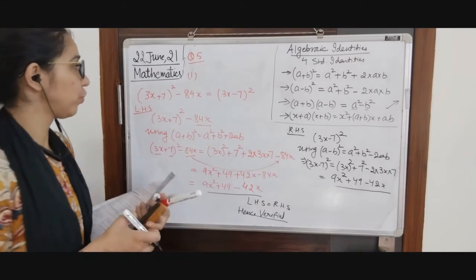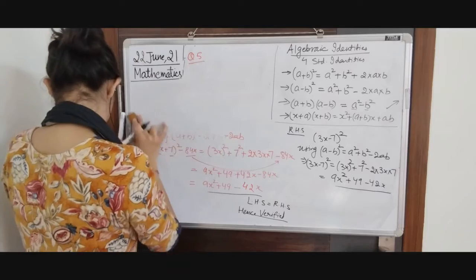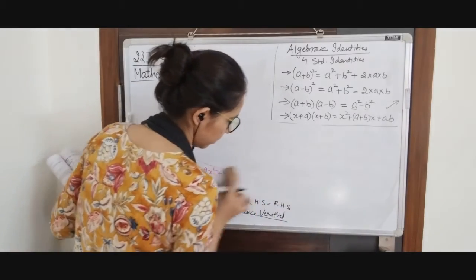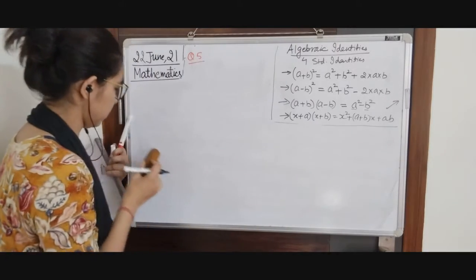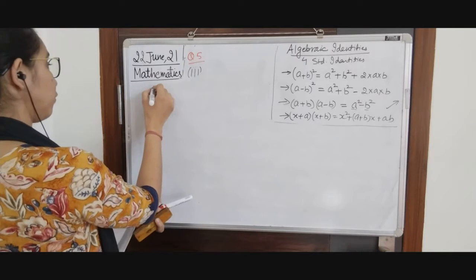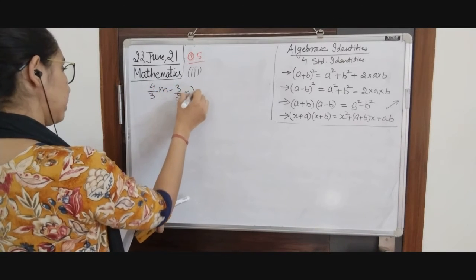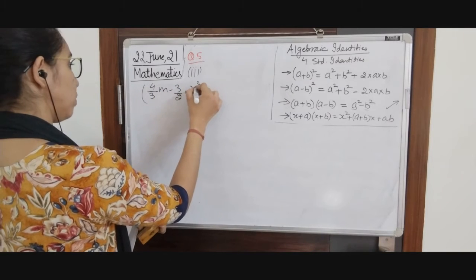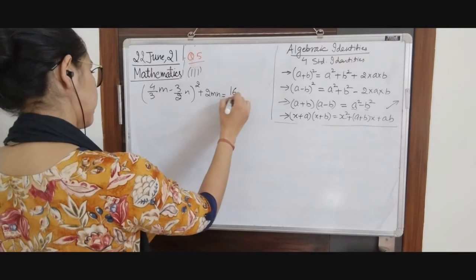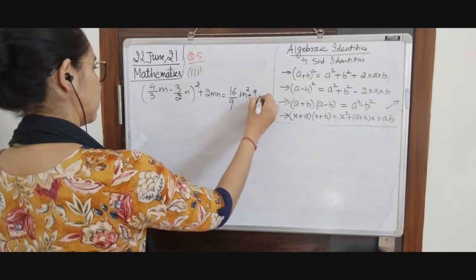Then moving on to the third part. In the third part we have fractions: (4 by 3 m minus 3 by 2 n) whole square plus 2mn is equal to 16 by 9 m square plus 9 by 4 n square.